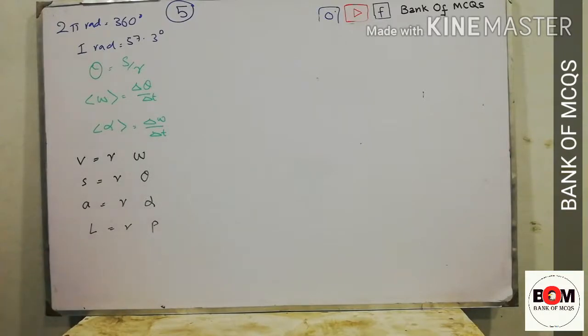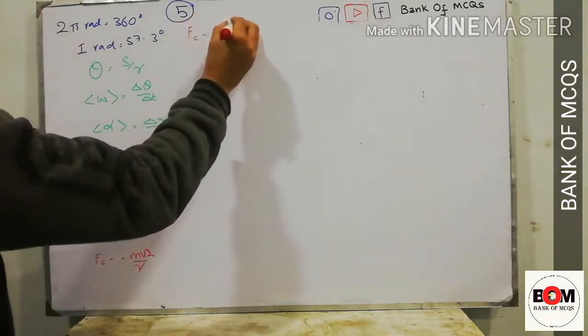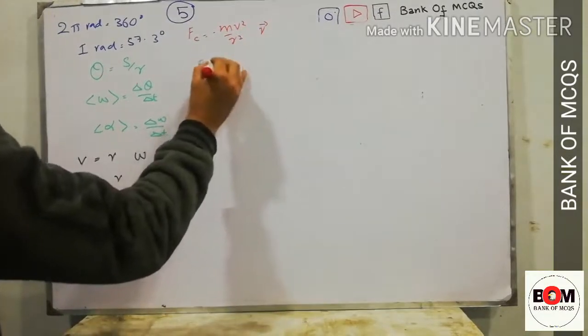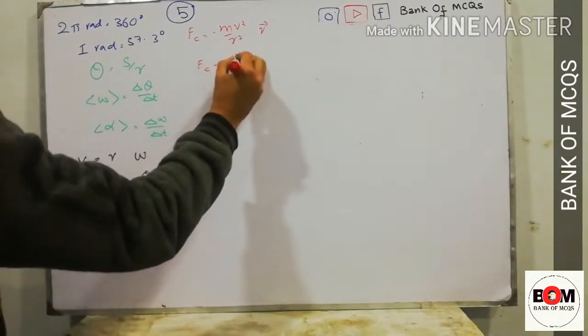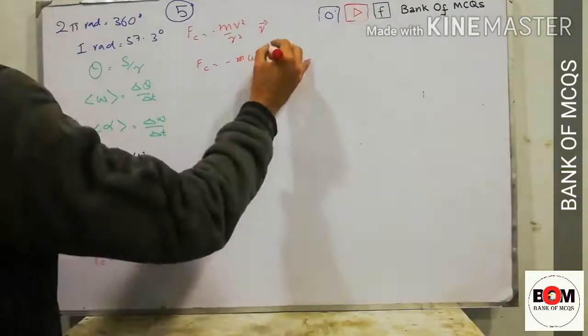It was simply mv square divided by r. Fc is equal to minus mv square divided by r, or Fc is equal to mv square by r square into r, or putting v is equal to r omega, we will get m omega square into r.